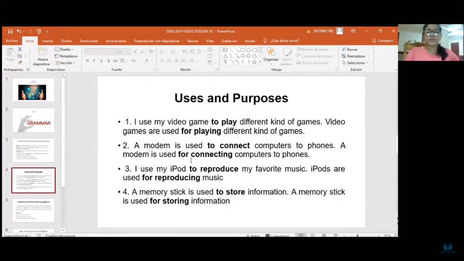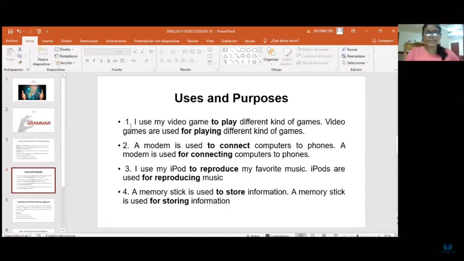A modem is used for connecting computers to phones. Number 3, I use my iPod to reproduce my favorite music. iPods are used for reproducing music. Number 4, a memory stick is used to store information. A memory stick is used for storing information.